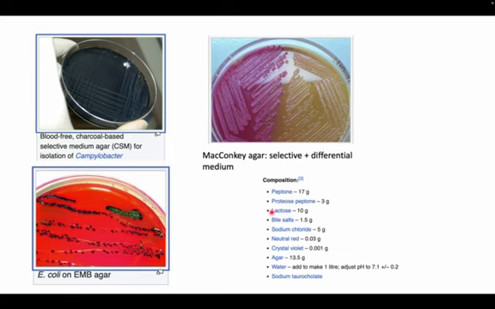If a lactose fermenting bacterium grows on this kind of plate, then a byproduct of lactose fermentation causes the indicator neutral red to change from yellow to pink. This is a lactose fermenting bacterium and this is not. This is why it's called a differential medium, because these two bacteria have different effects when grown in this media.